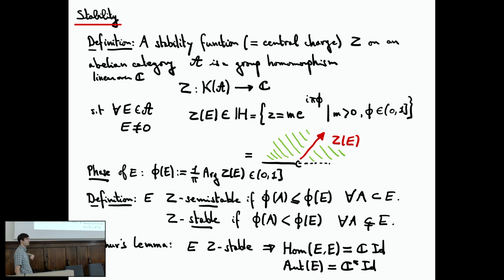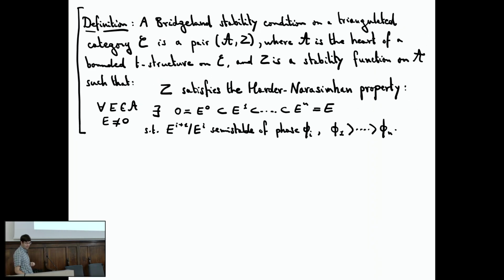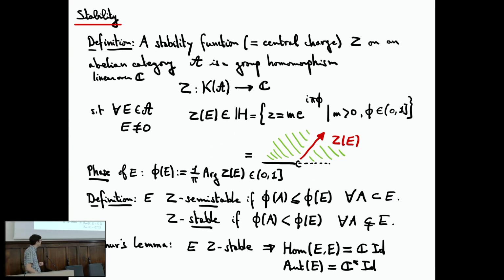This action on the upper half plane induces an action of the universal cover of SL2(R), or maybe the universal cover of GL2+(R), on the Bridgeland space of representations. And sometimes this action is useful. If two stability conditions are related by these actions, maybe you can decide they look the same. And so you might decide to take the quotient by this action to get some more honest thing. So yes, this action is somewhere in the background and sometimes useful.